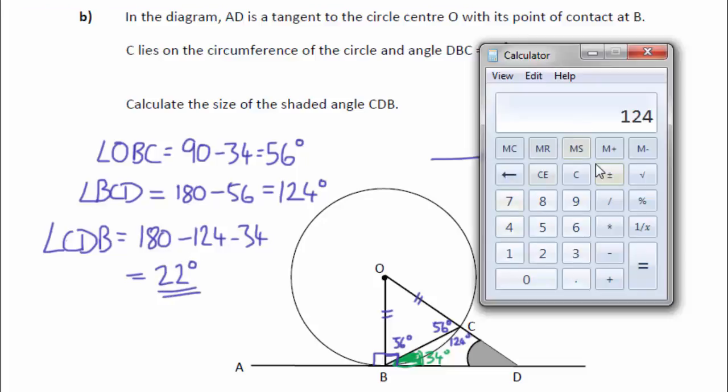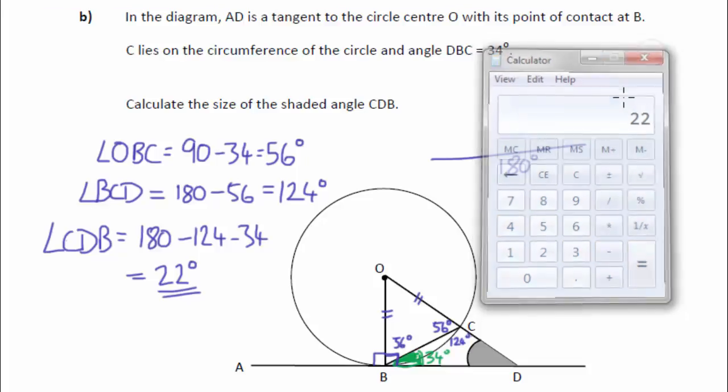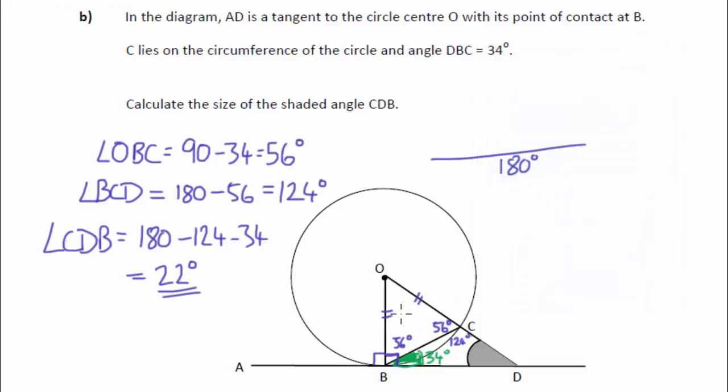Just to double check, 180 minus 124 minus 34, yep, that's 22 degrees. So again, you just break the problem into the three areas. Perpendicular, so it's a tangent, therefore it is going to be a right angle. If the triangle's got two radii, two of the sides are equal, therefore these two angles are equal. And we've got 180 degrees in a straight line. And that's the answer to these two questions.